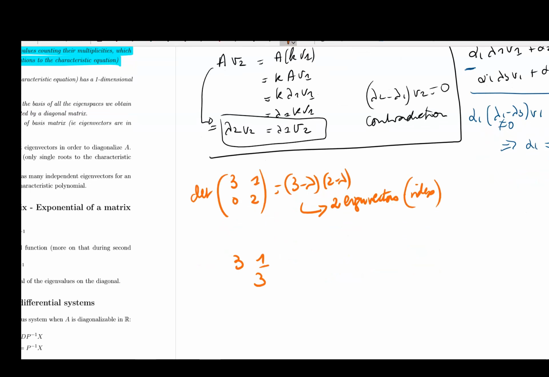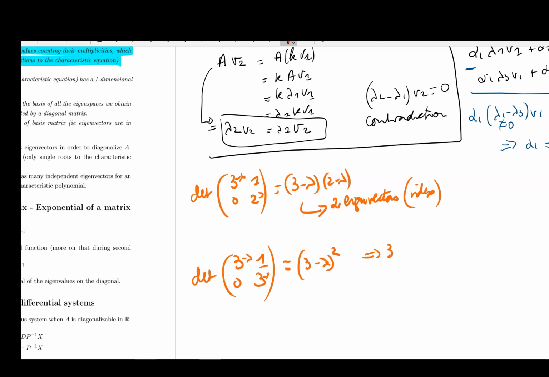Let's take 3, 3, 1, 0. Okay, this one. Instead of a 2 at the bottom, I've written a 3. The determinant of this minus lambda is just going to be 3 minus lambda squared. The characteristic equation is going to be 3 minus lambda squared. What does it tell me?